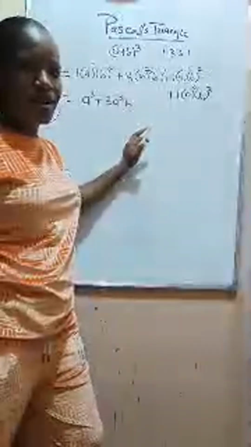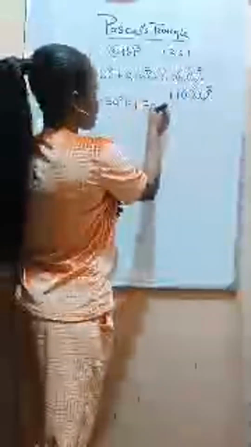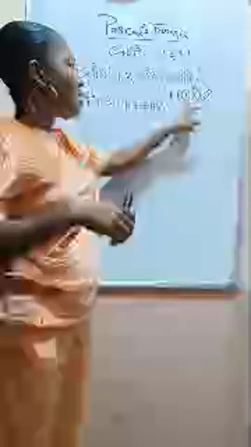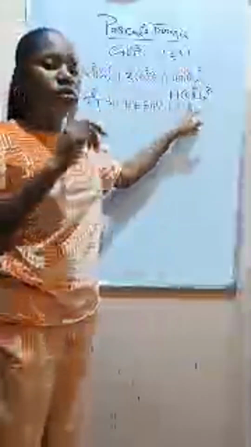Then plus, this one will be 3. Now A to the power of 1 is A, and B to the power of 2 is B squared. Then plus, if you come to the last term, you will see that A to the power of 0 is 1. So we have 1 times 1 is 1.